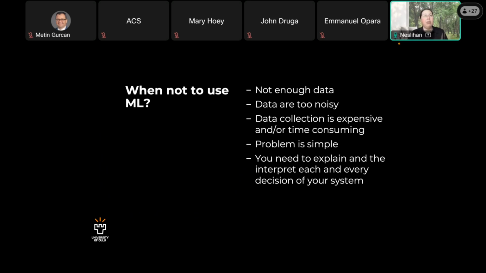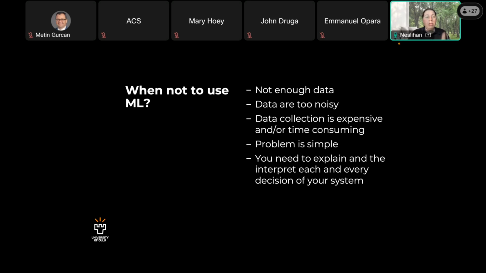So should we always use machine learning? The short answer is no. First, we need to consider our data. If we don't have enough data, models might not work well. And the data must represent the real world accurately. If our training data is biased, the model may perform very poorly. If our labels are noisy, then the model will struggle to learn because you don't teach the correct labels.